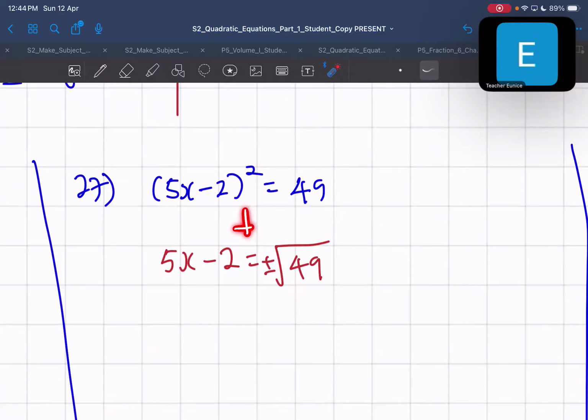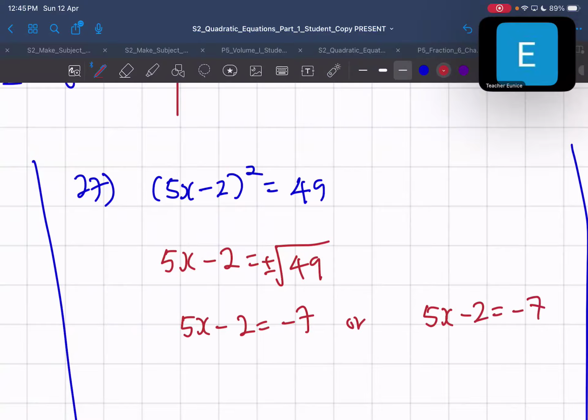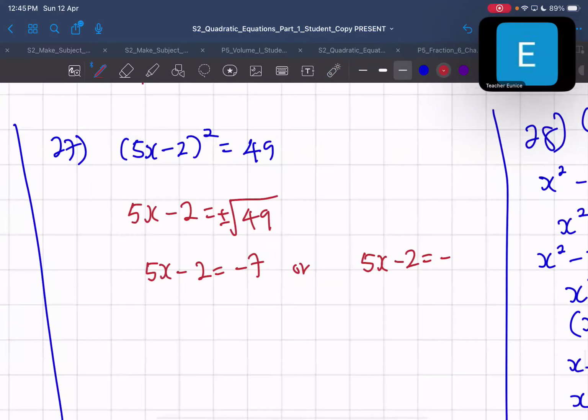To get from here to here, some of you might think of expanding, but if you expand this, you will not arrive at x. It will be longer and longer. So we try to get x as fast as possible. So over here, when we square root, we will already get something that we want. So to get x again, over here I got plus minus. So actually this one is 5x minus 2 equals minus 7 or 5x minus 2 equals 7.